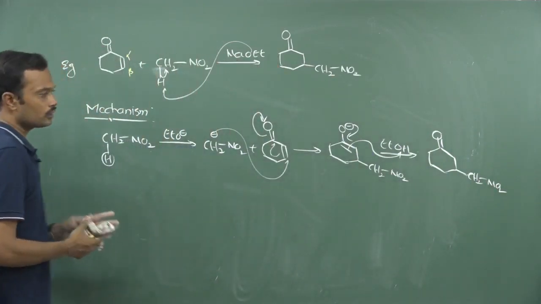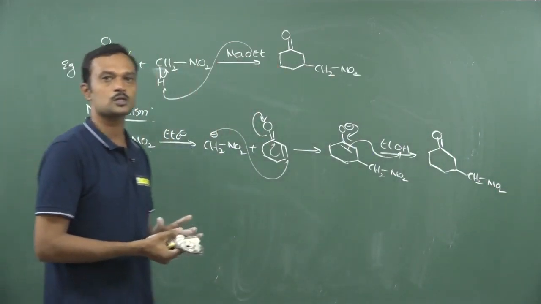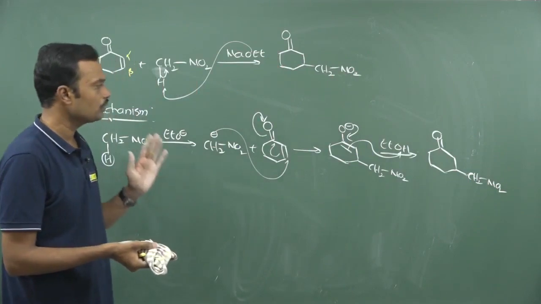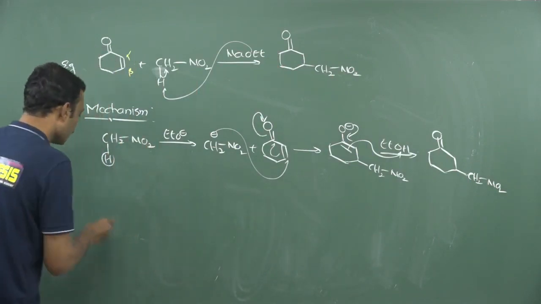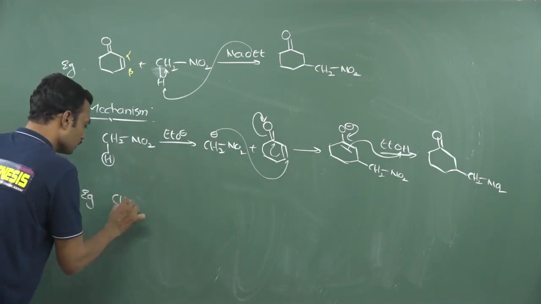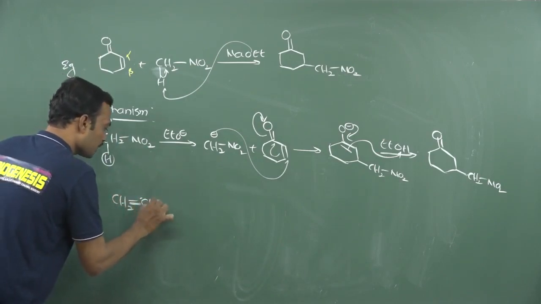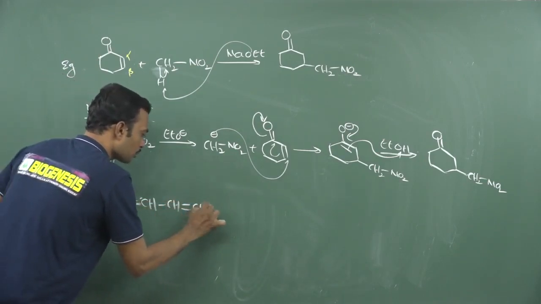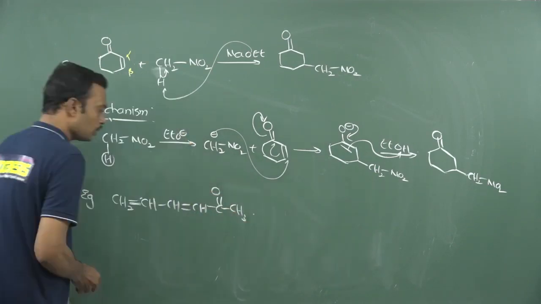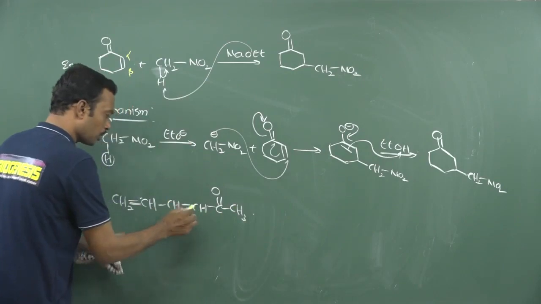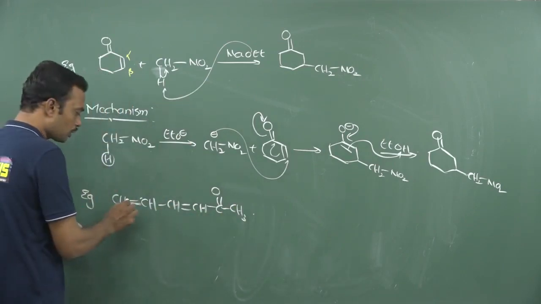Okay, I have explained many examples regarding Michael addition. It will be similar, all kinds of conjugate additions you can expect. Suppose a molecule has multiple conjugated double bonds. Here I explained only with one conjugated double bond, but right now I am taking a molecule having not only one double bond; here one more conjugated double bond is present.